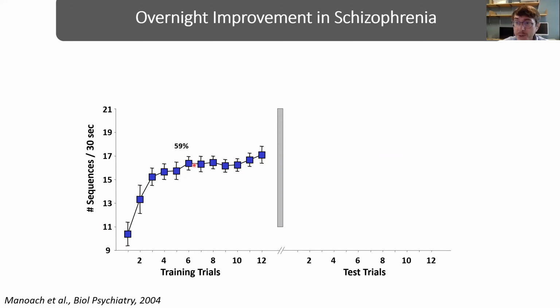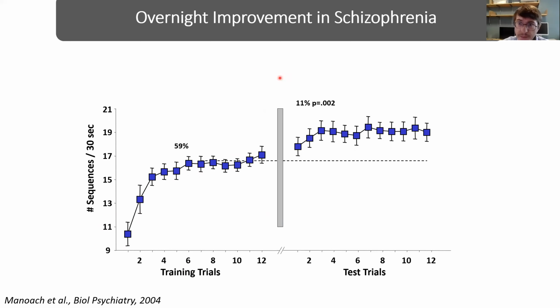But they have a pretty steep learning curve in these first couple of trials. This gray bar is an overnight sleep period. And then we have the testing, 12 blocks here. You can see that there's this jump, 11% in this study, from the last 3 training trials to the first 3 testing trials.